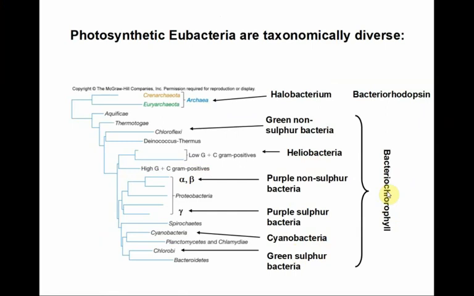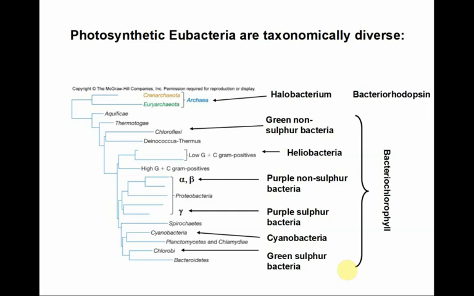So how come they're all, so Chloroflexi, they're way out there, Heliobacteria, they're gram-positive, all the other photosynthetic bacteria are gram-negative. So when you have this kind of dispersion of a shared set of genes, this is telling you there's been a lot of lateral gene transfer.